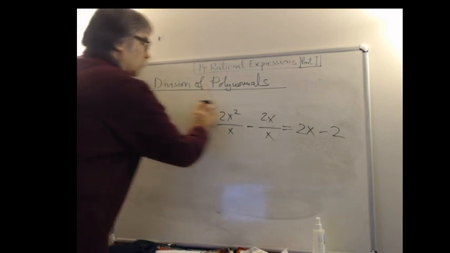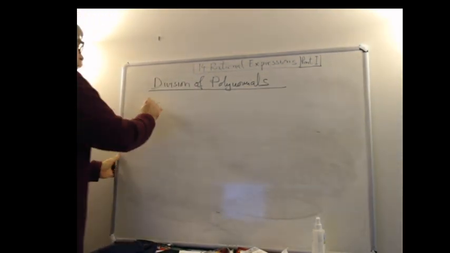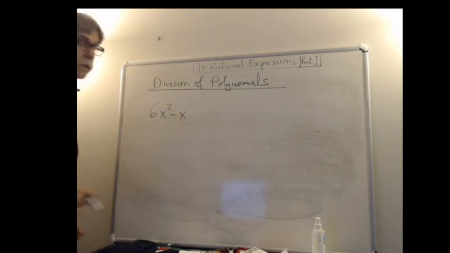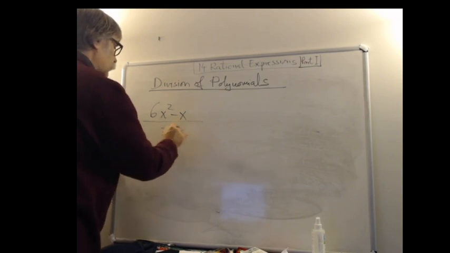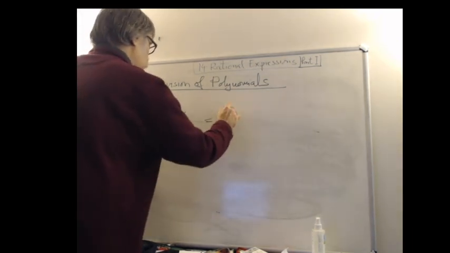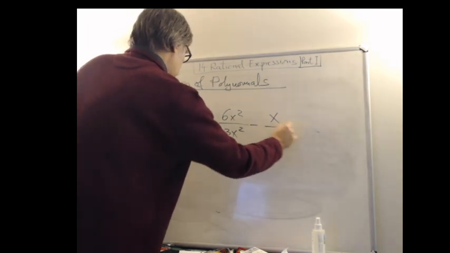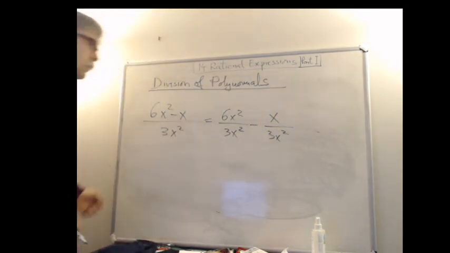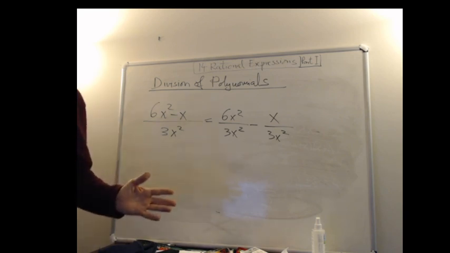Let me do one more example. So this is a simple division. 6x squared minus x divided by 3x squared. All right? Now what do we do with that? Again, split the numerator. Again, this is allowed because it's justifiable by distributivity.